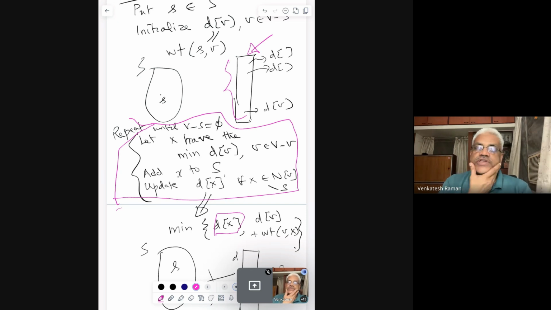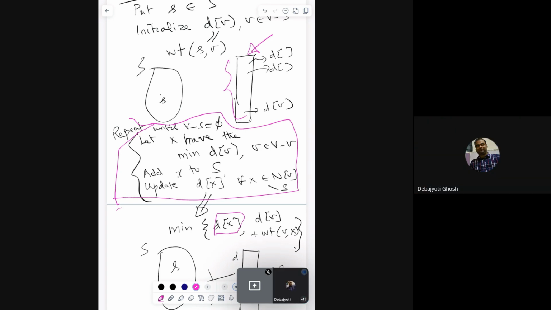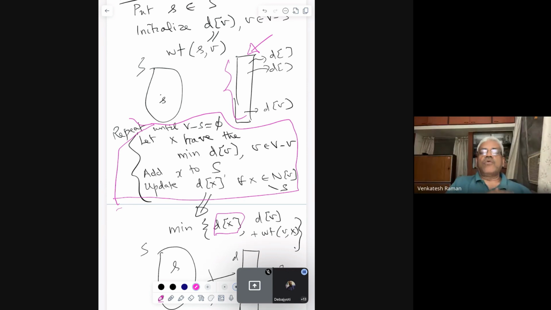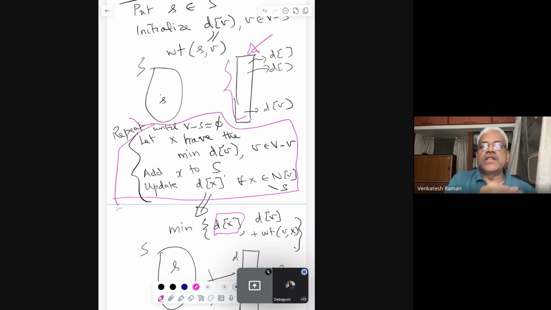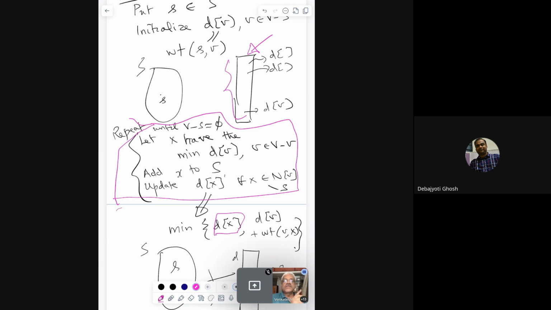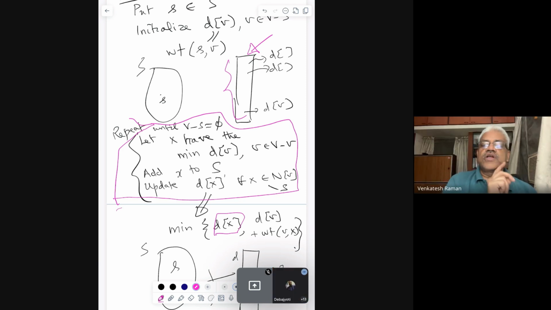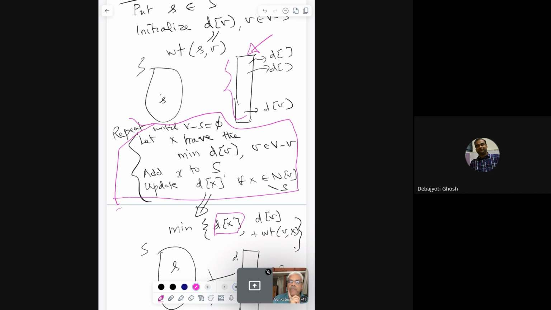So Debajyoti now suggests, okay, let's use a binary heap. First of all, what is the motivation for a binary heap? Because some operations are more efficient. What operations are we doing in this algorithm? Mainly three operations with a binary heap: insert, extract min and decrease key.